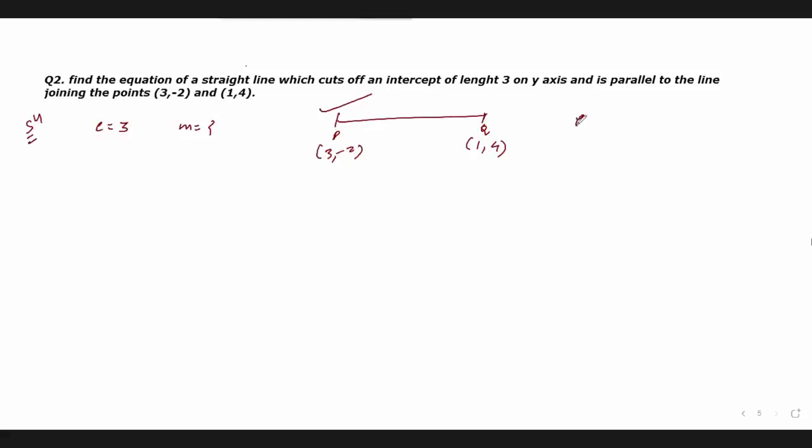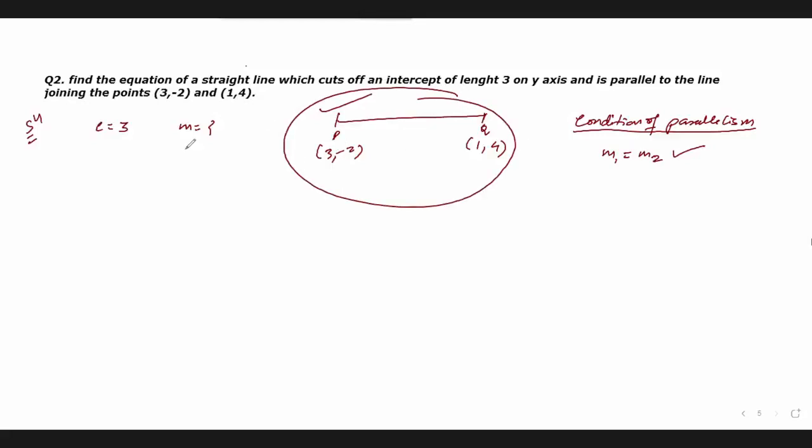And we know the condition for parallelism. What is the condition for parallelism? That is m1 equals m2. That means both the slopes are equal. So if I find the slope of this line PQ, I can find the slope of the line which I need to calculate.